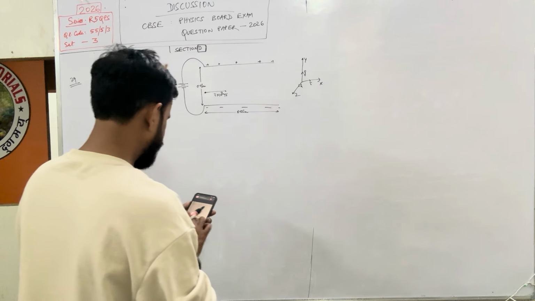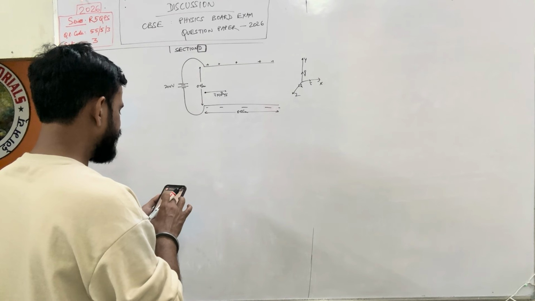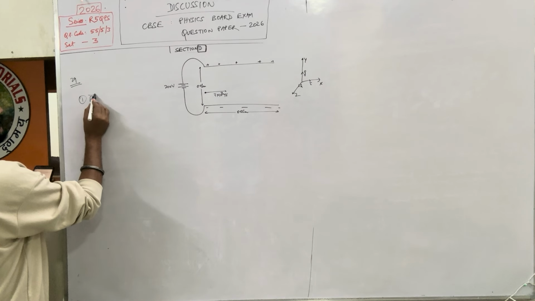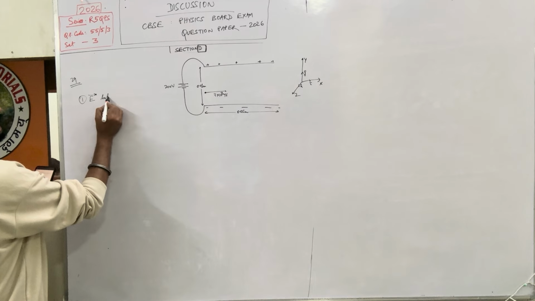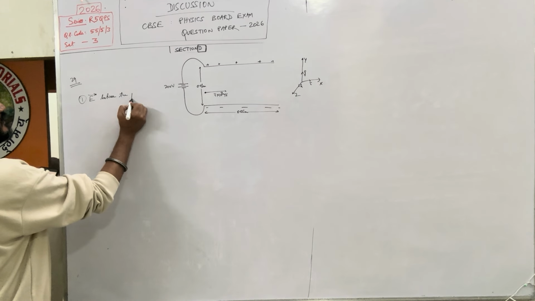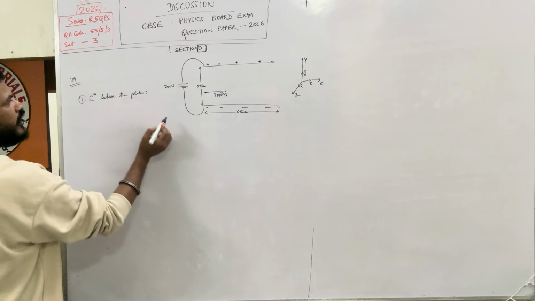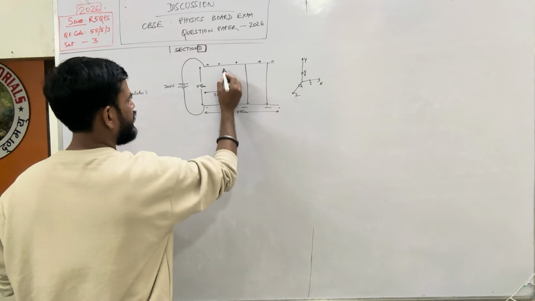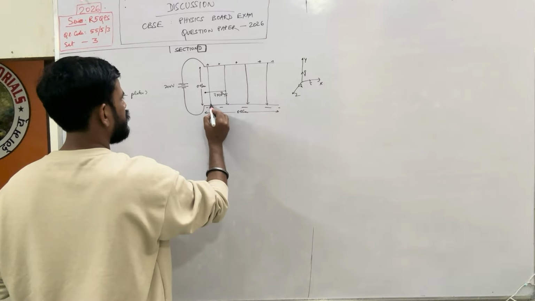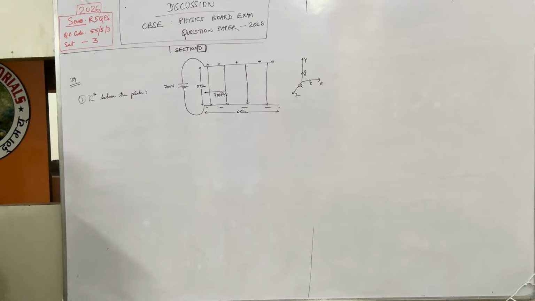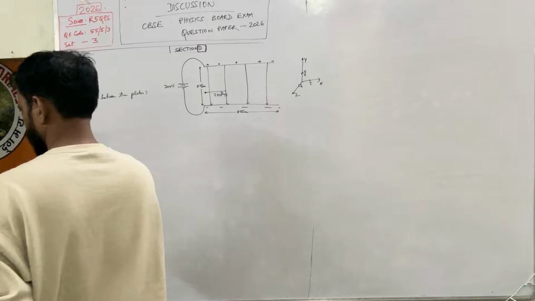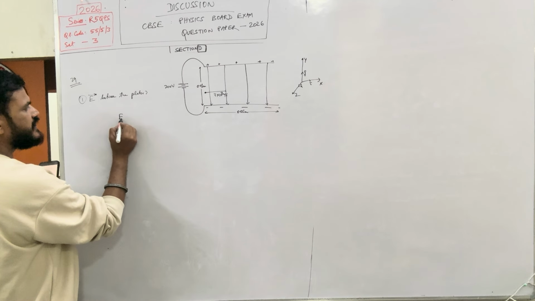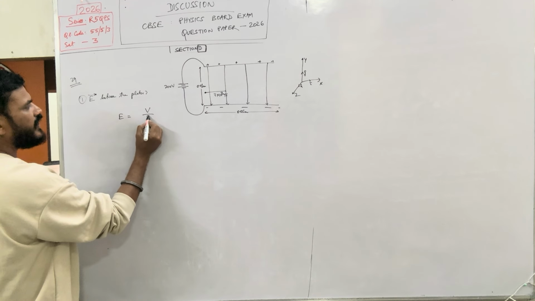Now the first question: the electric field in the region between the plates. E between the plates will be how much? The electric field will come from plus to minus, so it will be directed downward. The value of the electric field is given by V by d.